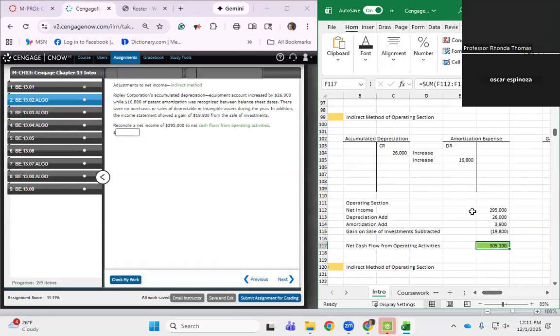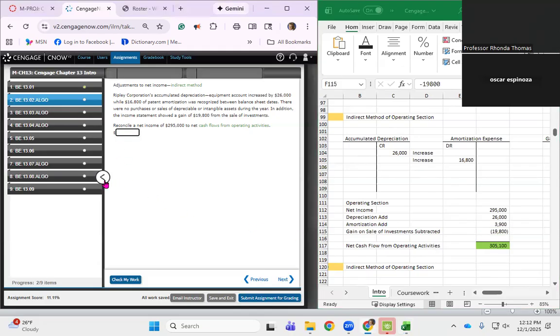So there were 3 adjustments to net income. I have $295,000. I add my depreciation, I add my amortization that they tell me, and then the fact that I had a gain, I subtract a gain. If I would have had a loss, I would have added it, but they didn't say anything about having a loss.